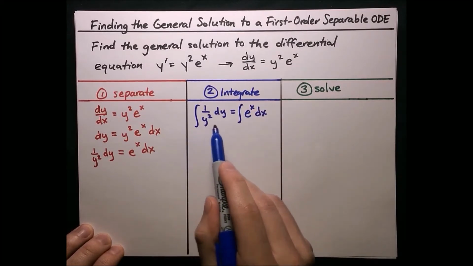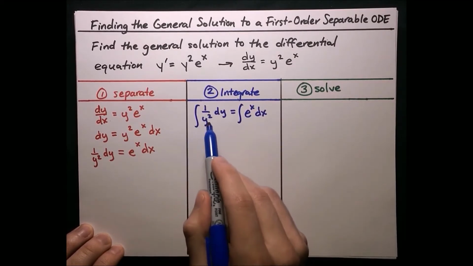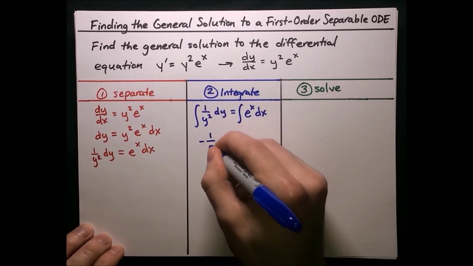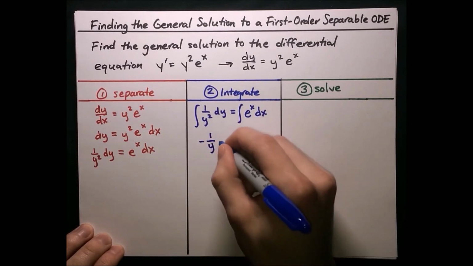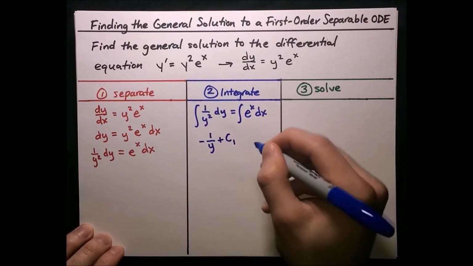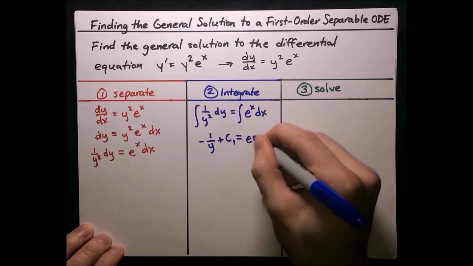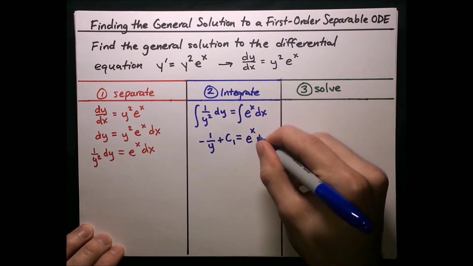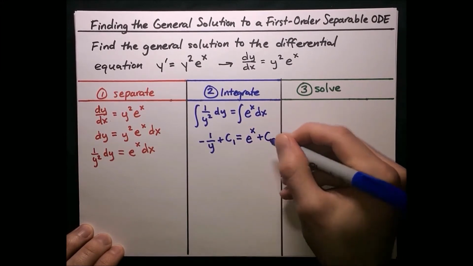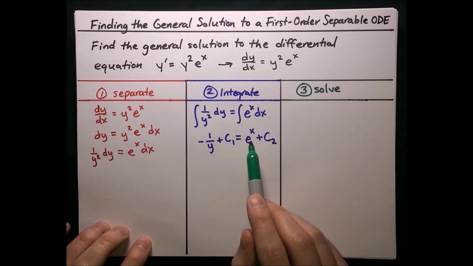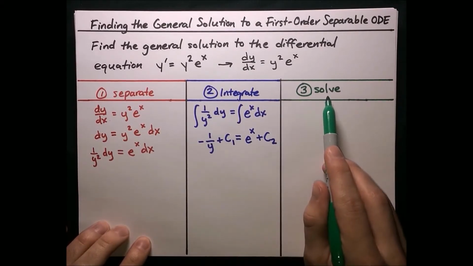So now just solving these integrals, the integral of 1 over y squared dy, well that's just negative 1 over y, plus a constant, constant 1. And then the integral of e to the x, well that's just e to the x itself, plus another constant, c2. Now we've got an equation relating y and x, and we can solve that equation to find the solution.